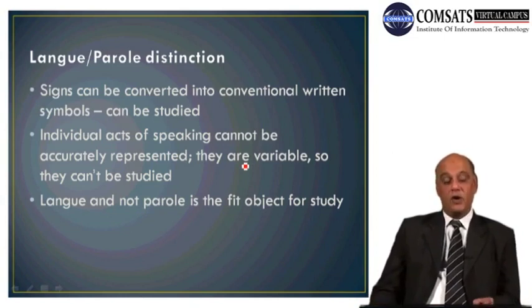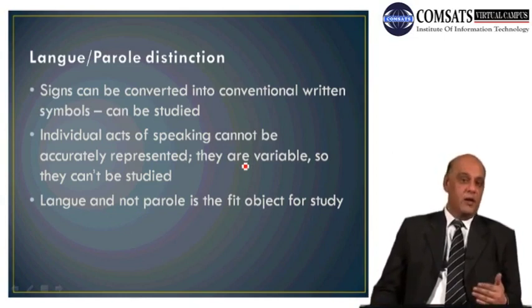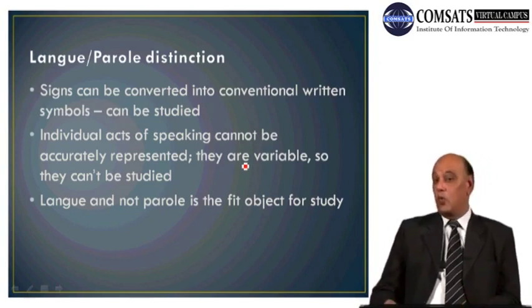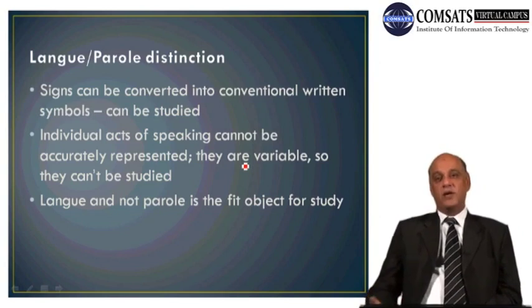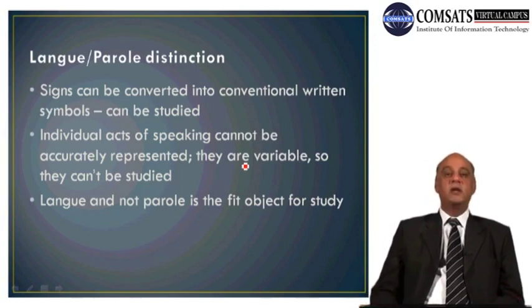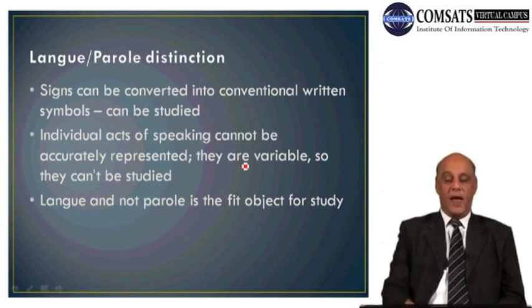Whereas we see that langue and not parole is a fit object of study. So what is the fit object? What is suitable to study? It's langue, not parole, because langue is fixed. Langue has a structure and well-defined boundaries, so it's easy to study langue.